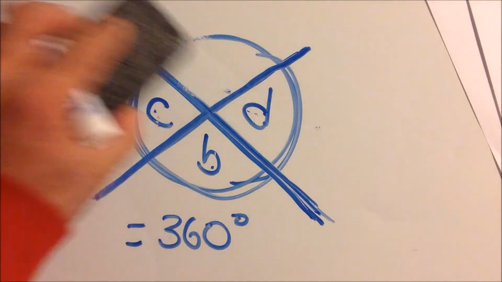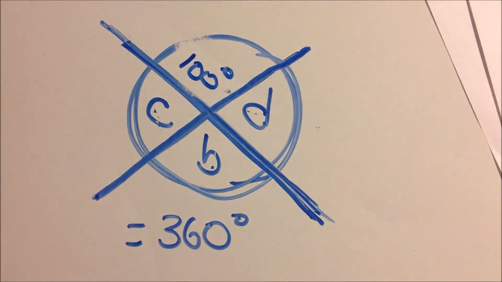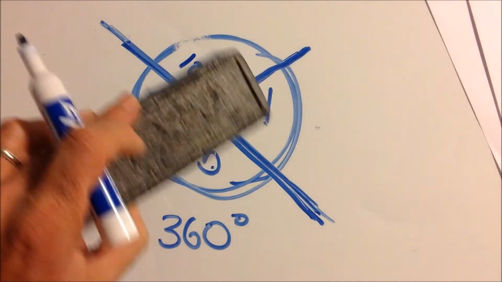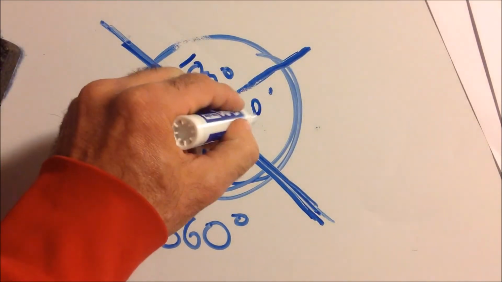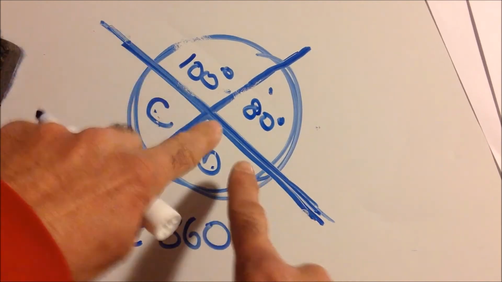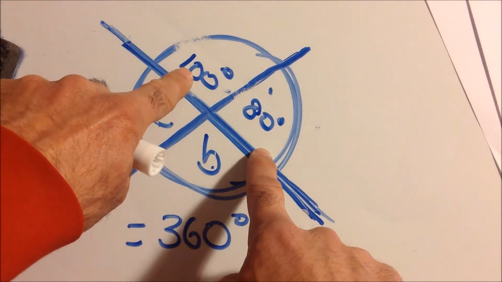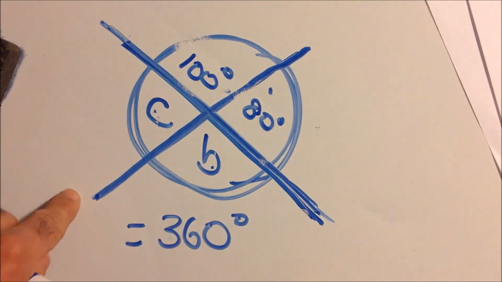So let's say angle A is 100 degrees, well, we know angle D has to be 80 degrees because they're on that straight line. And remember, straight lines are 180 degrees. 100 plus 80 is 180.